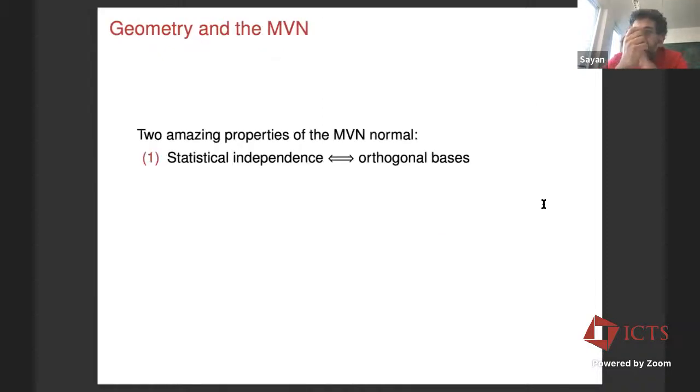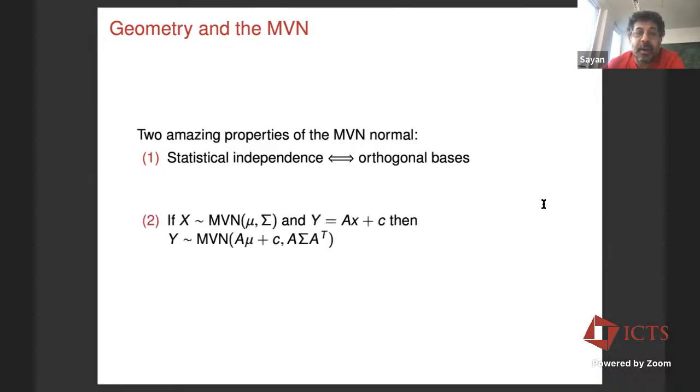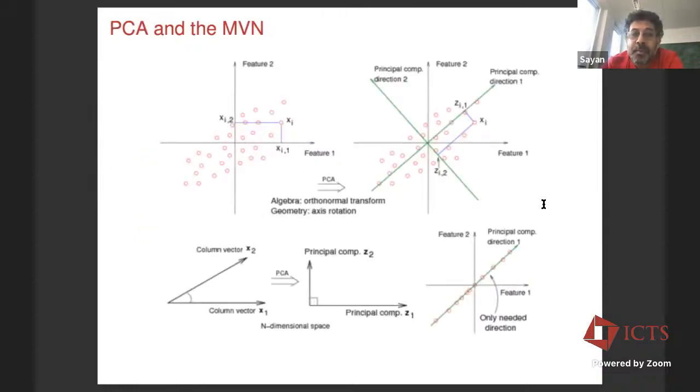Now, there's a beautiful connection between the multivariate normal distribution and geometry. If you have something that's multivariate normal, statistical independence means orthogonal bases, and you can write out the mean and the covariance just using straight-up linear algebra, which is really nice. I'm just showing you a picture of PCA.